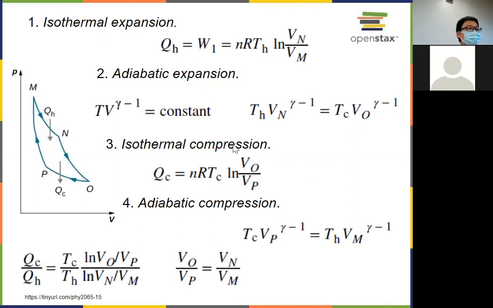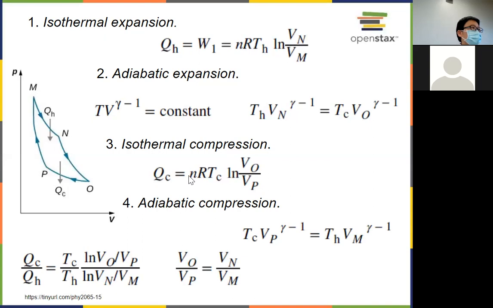Similarly, for isothermal compression, you can apply the same equation as the isothermal expansion. So QC will be equal to nRTC ln of V initial divided by V final. Or actually, it should be just minus.